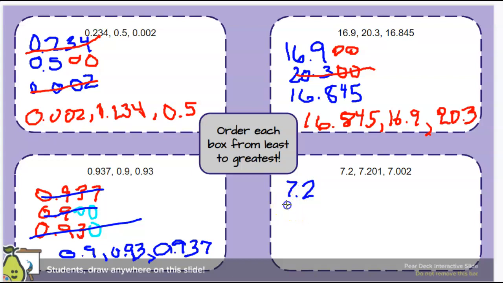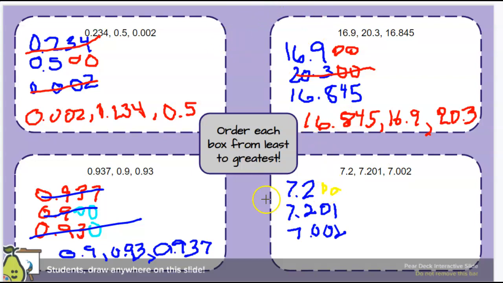Okay, last question before I end this video. 7 and 2/10. Ooh, 7 and 201 thousandths, and then 7 and 2 thousandths, and then remember ghost zeros. Boom, boom.